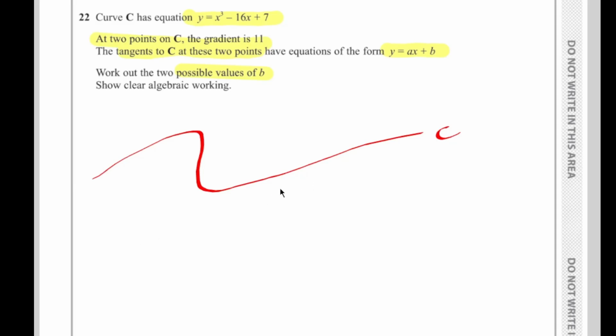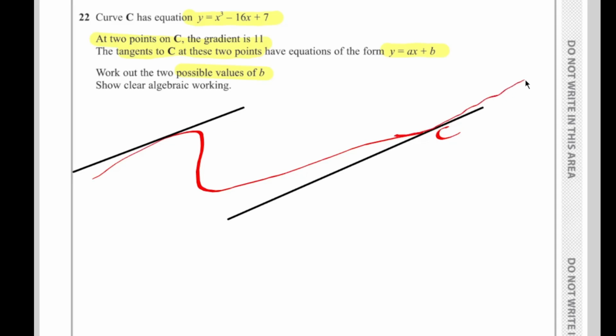I'm drawing one tangent here, like this. This is the point, and the other tangent is like this. The curve is like this. So this tangent touches this curve at this position and this position.